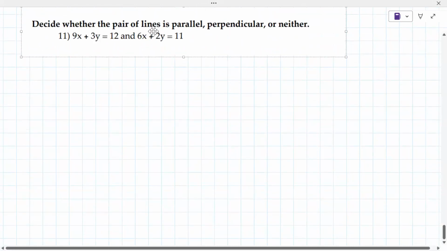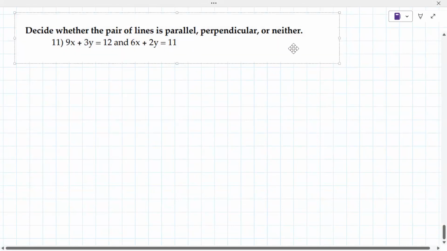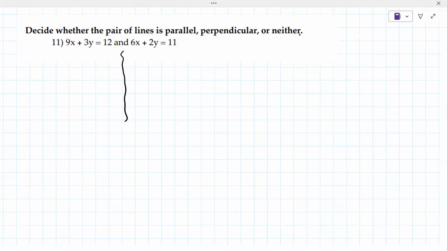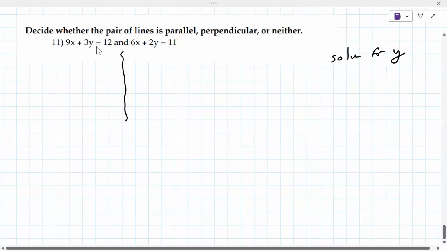All right, so to decide whether two lines are parallel, perpendicular, or neither, you need the slope of both lines. So in both lines, you have to solve for y. I want you to pick one of these equations and solve it for y. Which one do you want to pick? 9x plus 3y equals 12. Okay.